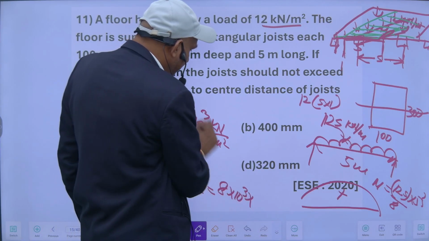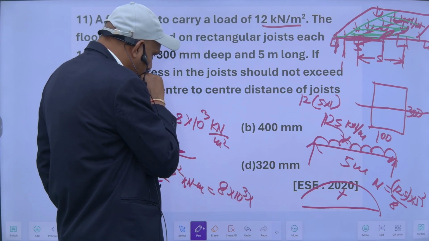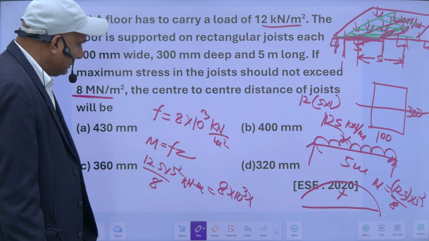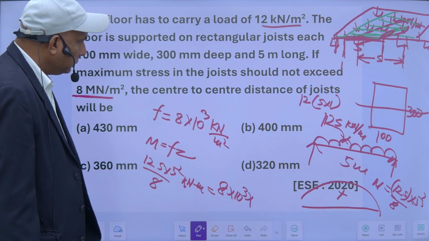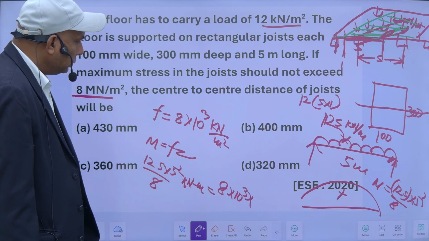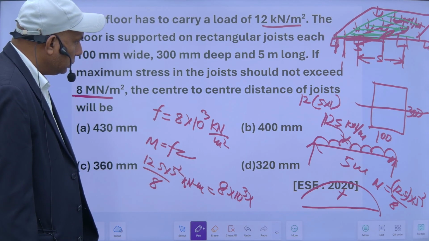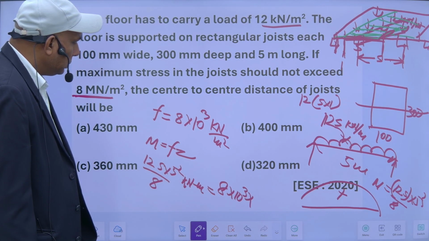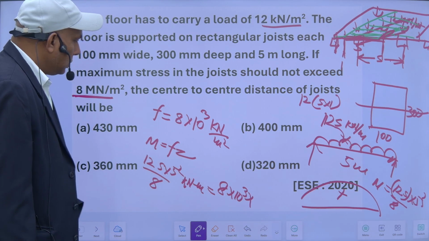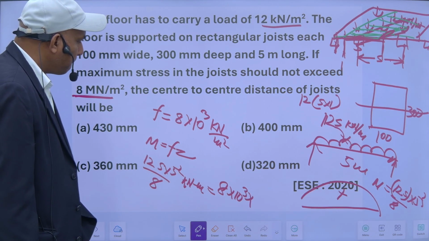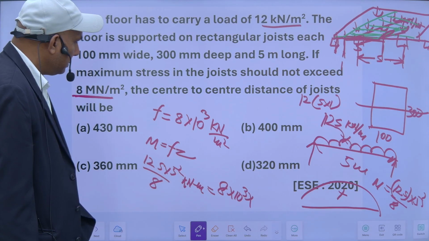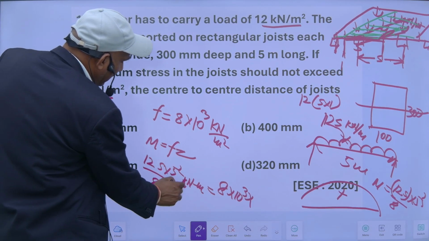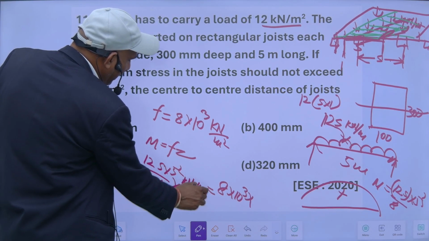Since this is in kilonewton per meter square, if I multiplied it by 10 raised to the power 3, this will be kilonewton mm.